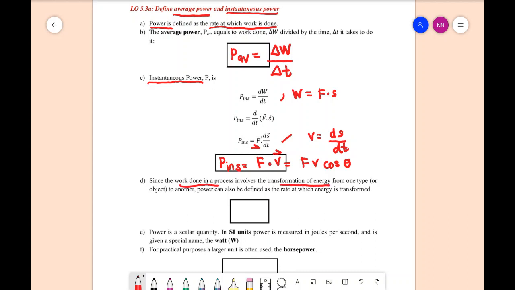So from P average equals work done over time, because work done is the transformation of energy, power average is also equal to delta E, which is change in energy, over delta T.